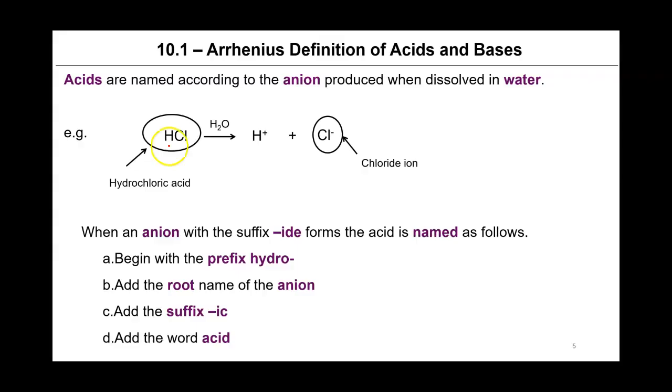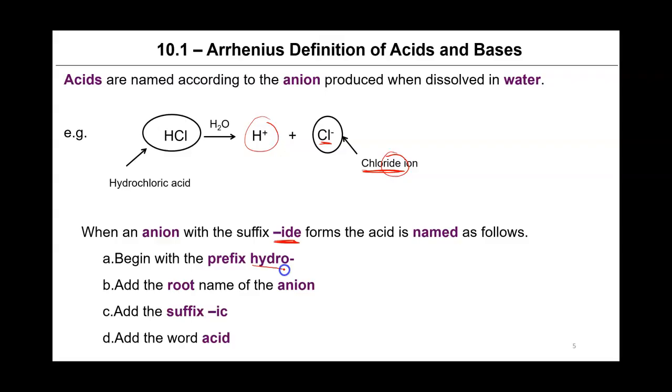So here we have an acid. When it's dissolved in water, it makes H+, and it makes an anion. And this anion is a monatomic anion, so we call it the chloride ion. Remember that all monatomic anions are going to end in ide. So as a result of this anion ending in ide, we're going to name the acid as follows.